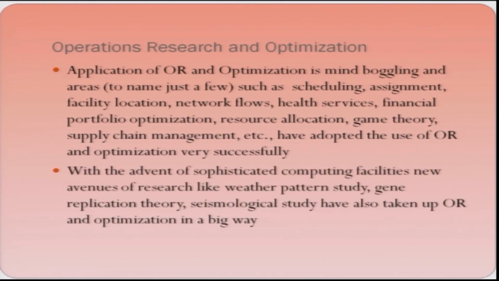In the recent past, even though it is very well known, I would like to highlight that the computing power and the techniques of operation research, and obviously of statistics, have grown exponentially.